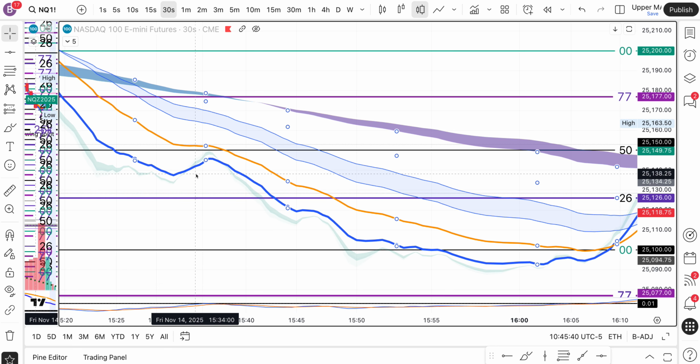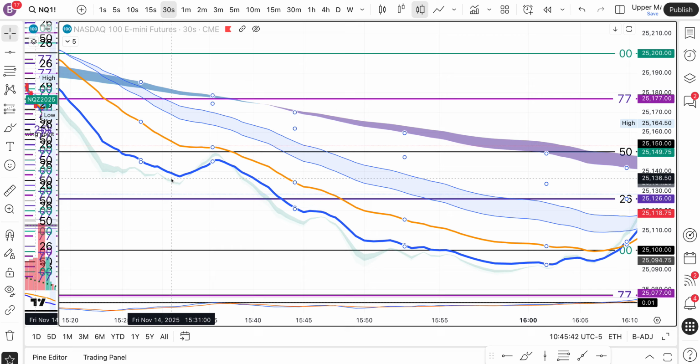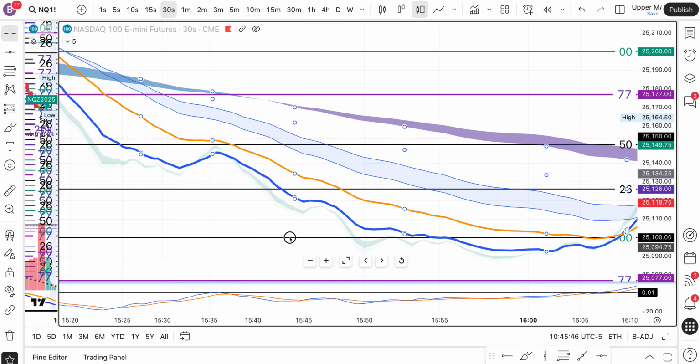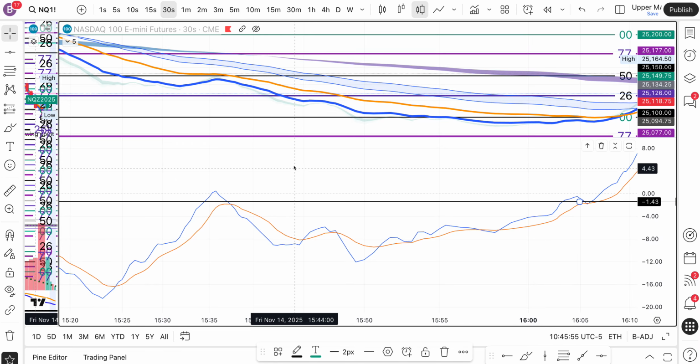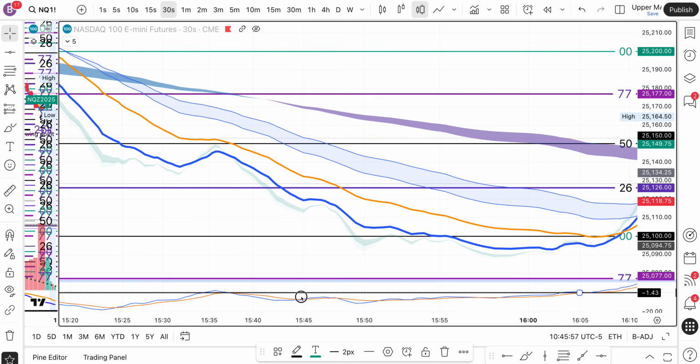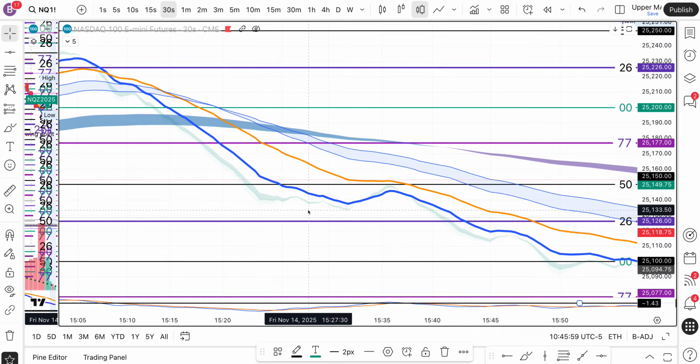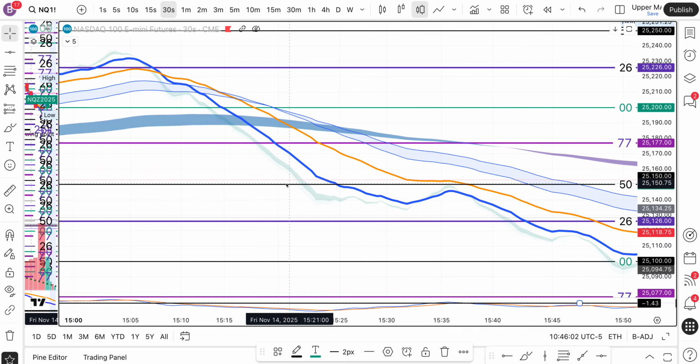My nicknames for these lines are the MACD line and the signal line, based on what the MACD tool is called, because I feel like they work together. Sometimes I call it my 1 minute money line. The name changes from time to time, but they're probably the fastest lines that a ton of traders are reacting to.